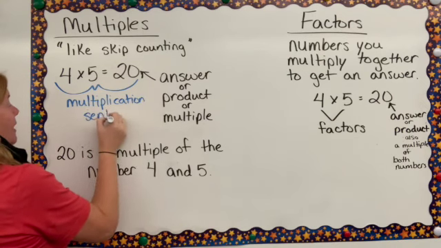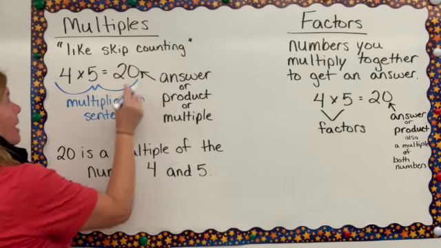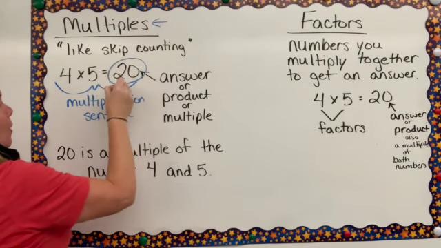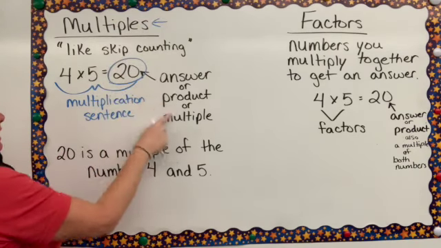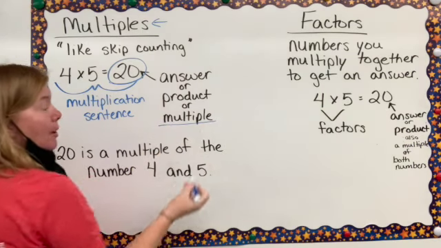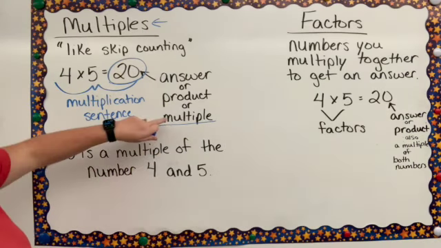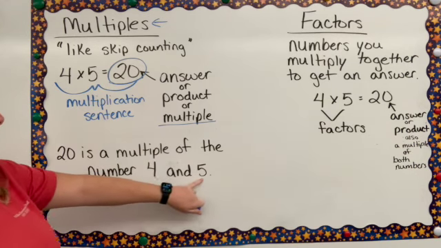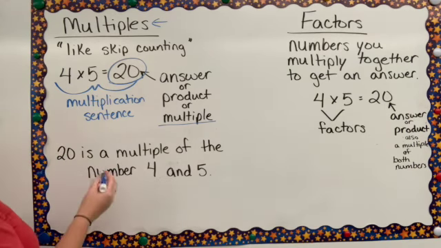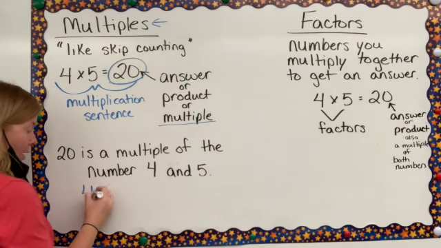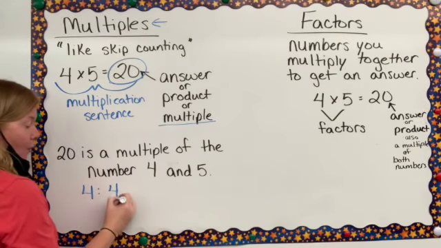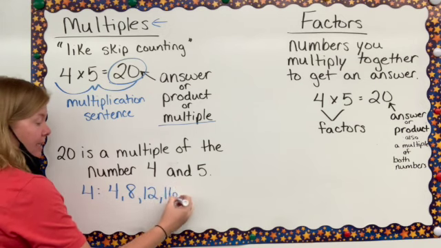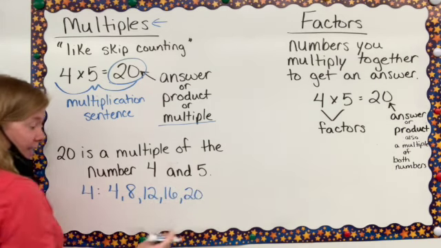In this multiplication sentence, my multiple is 20. 20 is the multiple, but 20 is a multiple of the number 4 and of the number 5, because when I do my multiples of 4, I say 4, 8, 12, 16, 20.